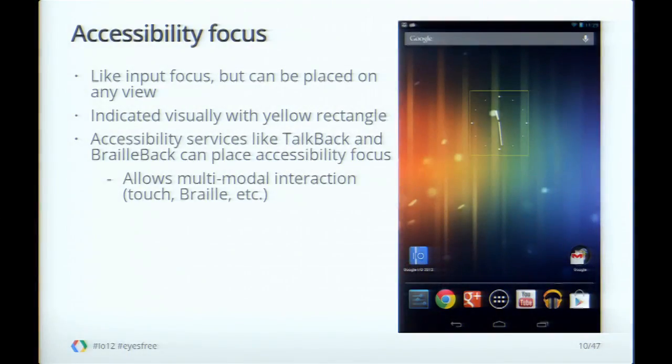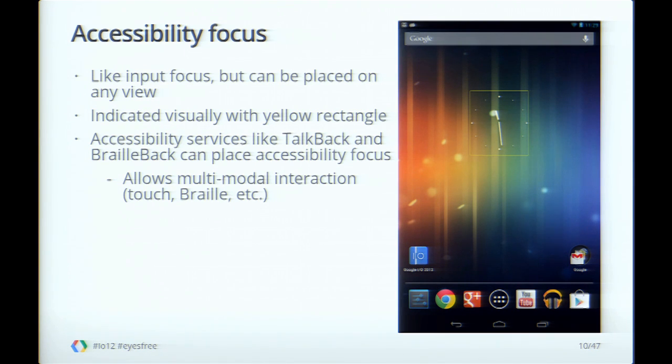So a good example of that is an edit text or a push button that you can press enter on, and then it will activate the button. But for a blind user, you want to be able to read anything on the screen, including static text and similar, which is normally not focused by input focus. So therefore, we added this accessibility focus that is shown on screen as a yellow rectangle.